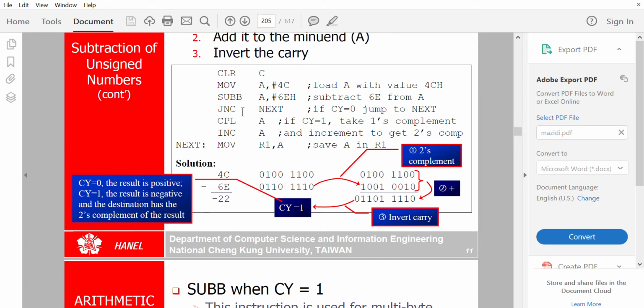And if there is a carry, then complement A, that is, take the 1's complement, and increment A, that is, you are taking the 2's complement. So no carry means you're going to move it to R1. If there is a carry, then you'll take the 2's complement. So that is when carry is equal to 0.